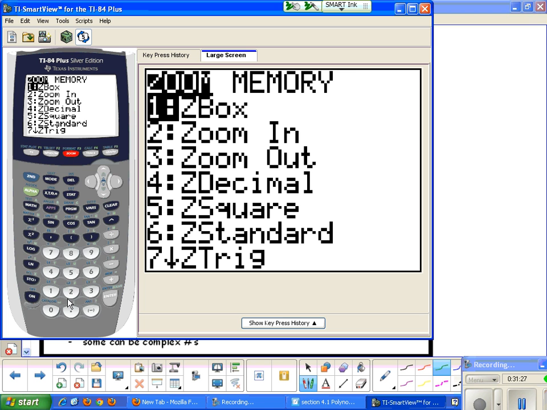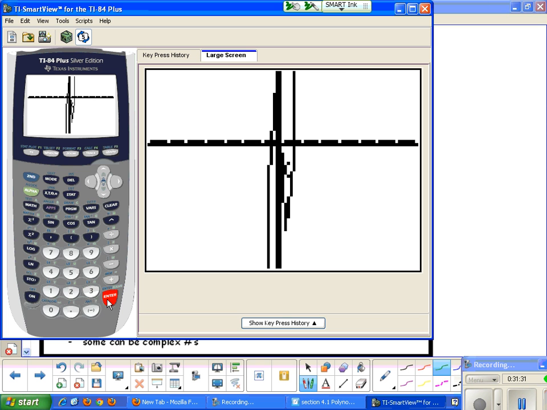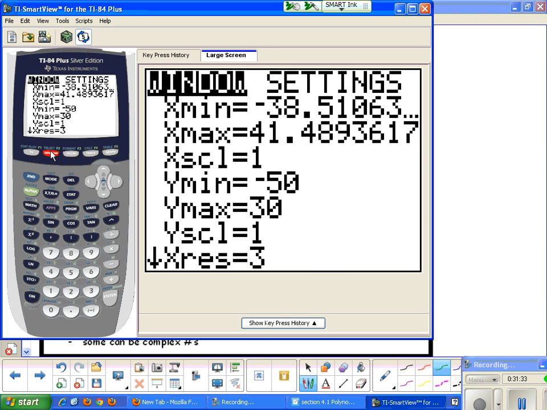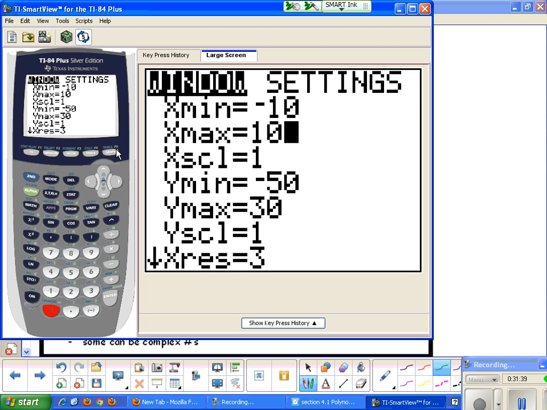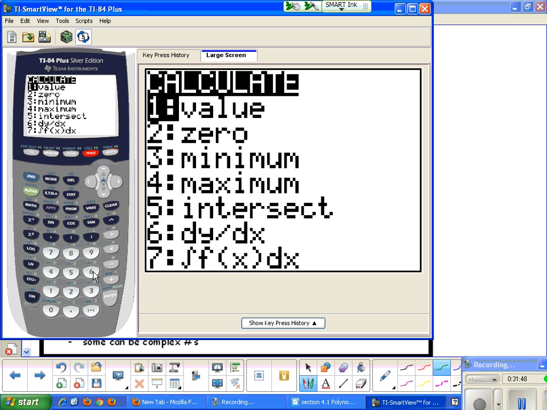So if I zoom out, it's probably a little better, easier to see the graph. And then I'm going to change my x values to negative 10 to 10. That looks a little bit better. So second trace, I just need my last 0.